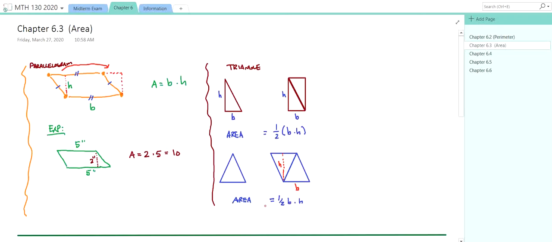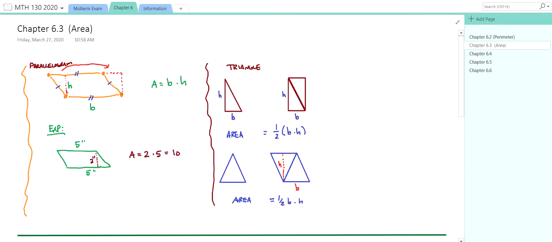So we're going to do a little more complicated areas here in chapter 6.3. First one was the parallelogram, and the area of a parallelogram just turned out to be the length of the base times the perpendicular distance from the base to the top, from the base bottom line to the top line.